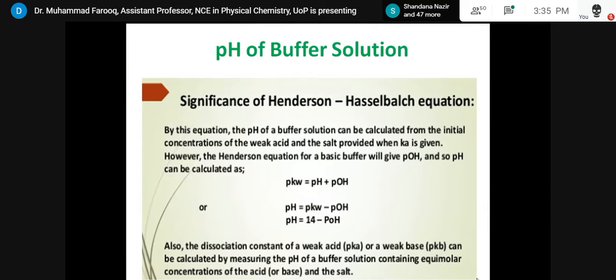Yes, sir. Means we already know that water has pKw equal to 14. So if we put pKw as 14 and we have pOH, we can determine the pH. If we have the pH, we can determine the pOH. So any value we can determine. So this is the significance of the Henderson-Hasselbalch equation. Is it clear? Yes, sir.